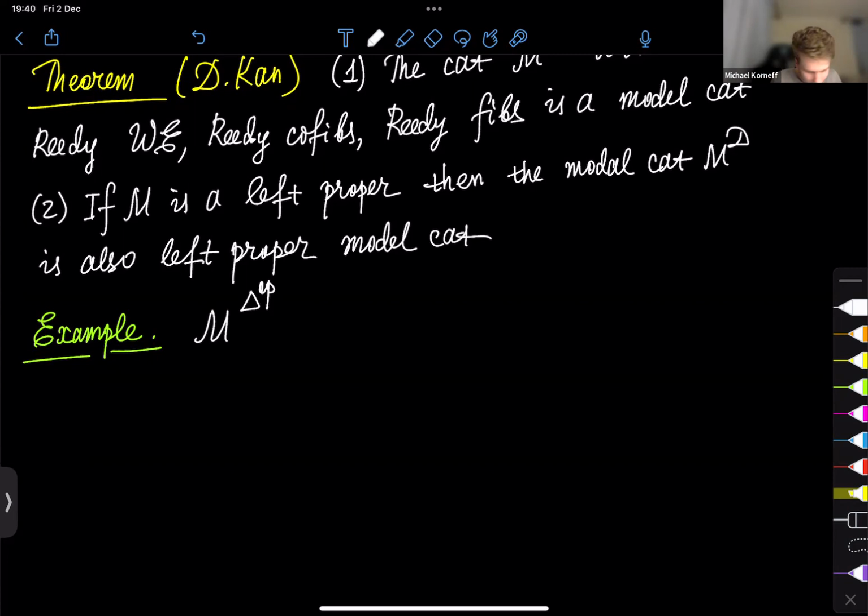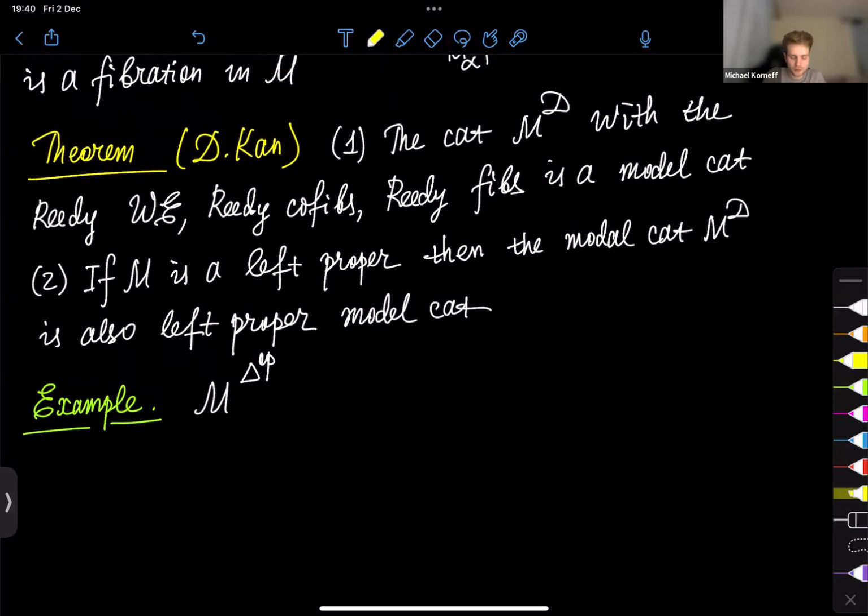Okay, and now we will prove this theorem step by step.